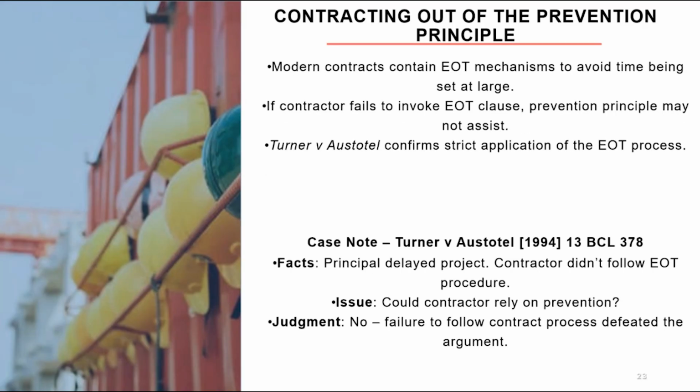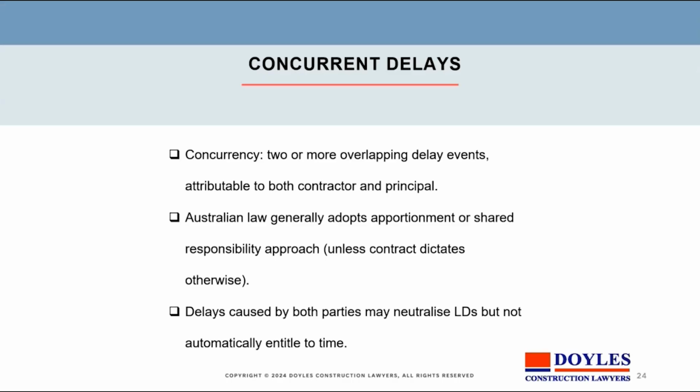Again, going to concurrent delay, and this is a constant sort of issue. If there's delay by the principal and a delay by the contractor that happened at the one time, what happens? We first of all look to the contract to see what contractual provision has been made for that eventuality.